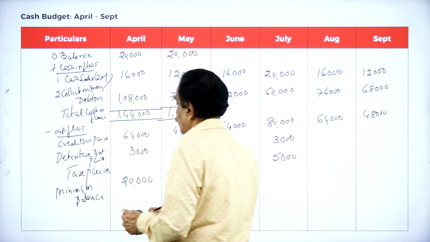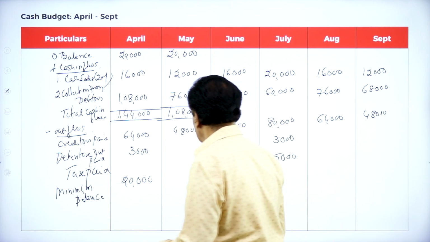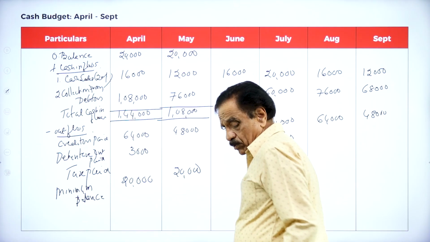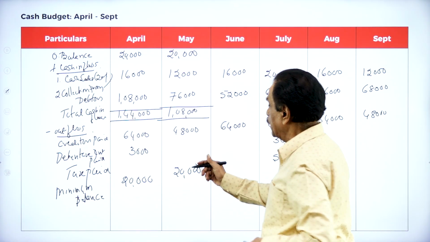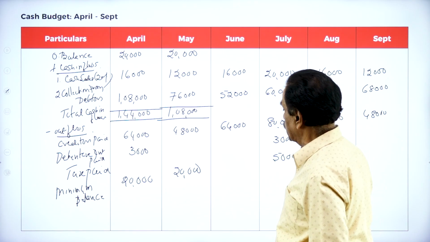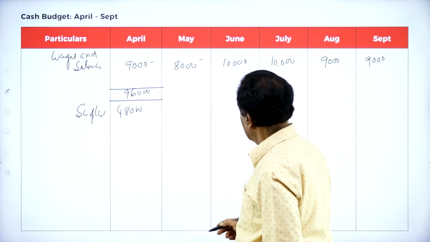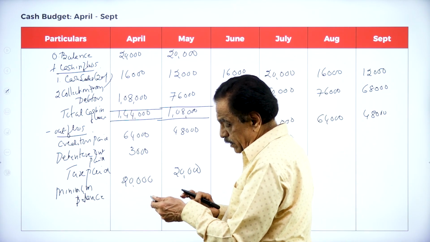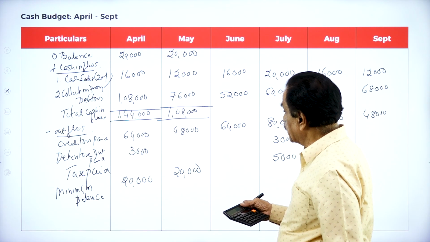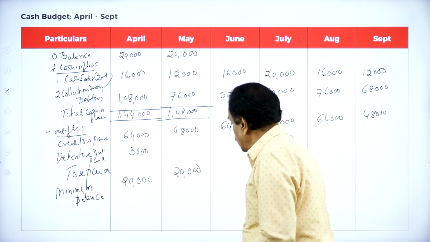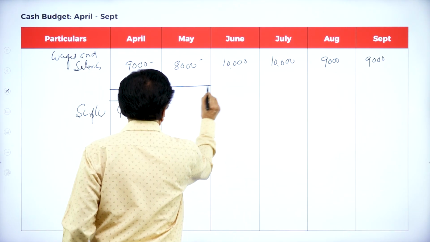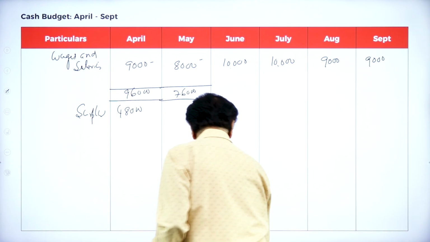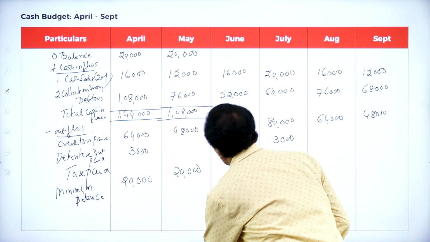This is 48,000. Minimum balance to maintain is 20,000. So 48,000 plus 20,000 plus 8,000 is equal to 76,000.